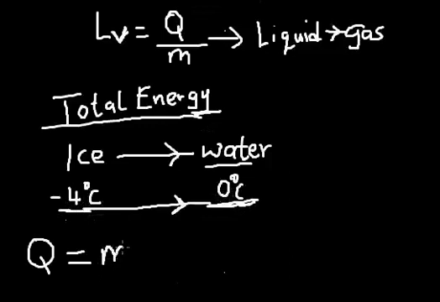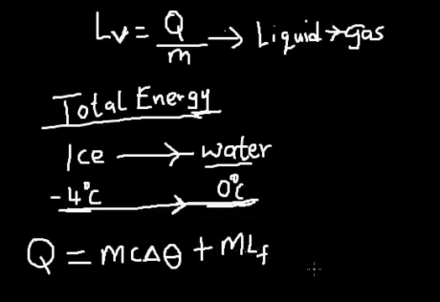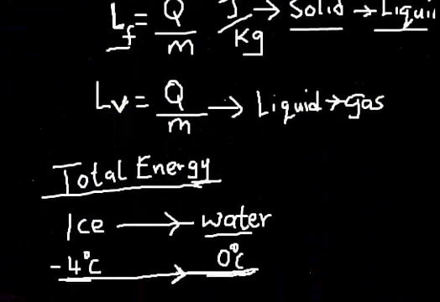That energy is given as mc, change in temperature. That's what we treated previously. Then after raising the temperature to 0 degrees Celsius, I need to melt that particular ice, so it is now you apply mLf. This is the total energy that is required.